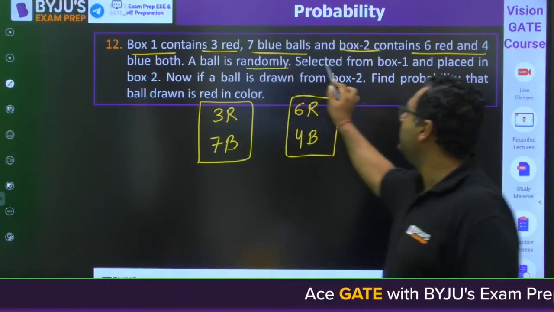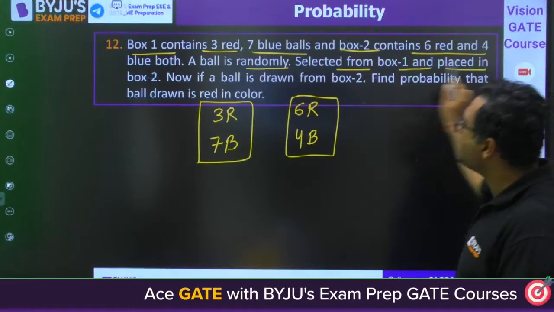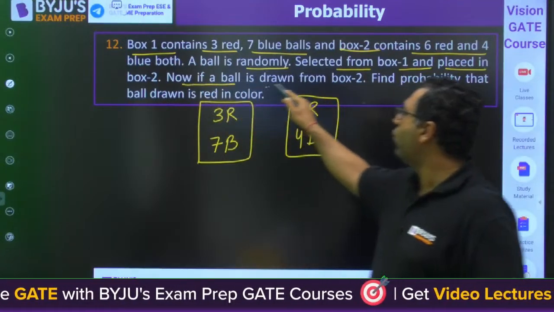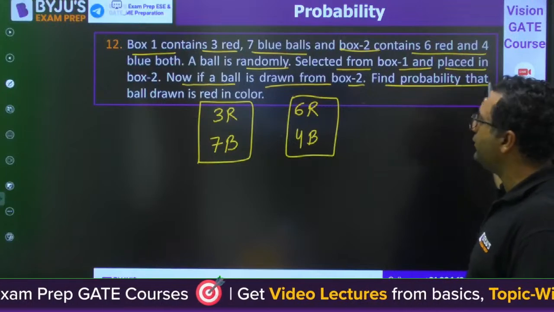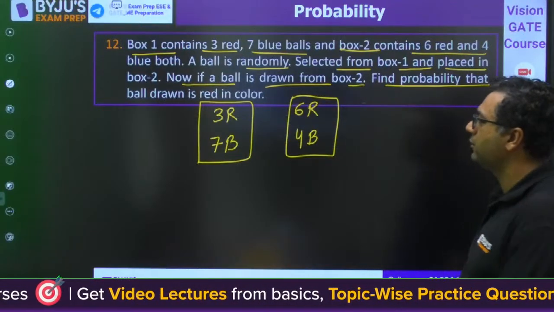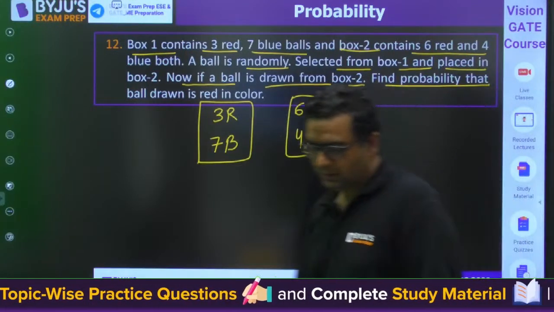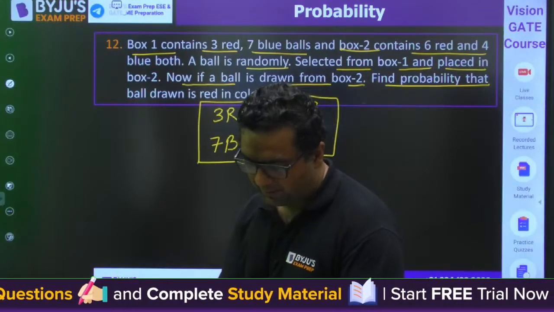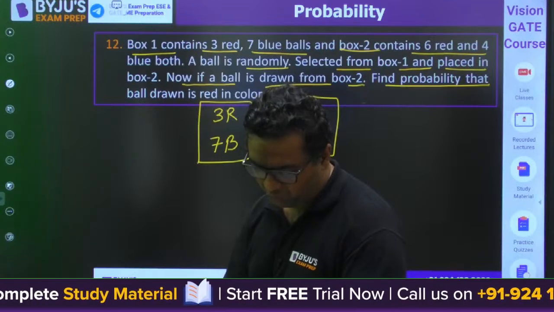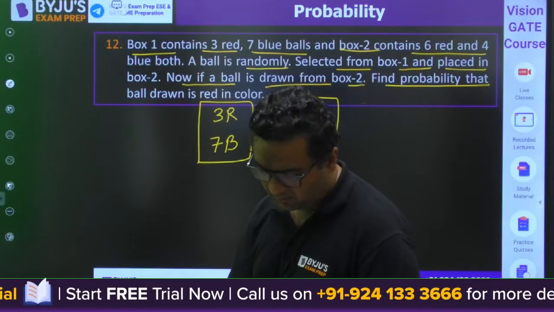A ball is randomly selected from box 1 and placed in box 2. Now if a ball is drawn from box 2, find the probability that the ball drawn is red in color. Solve it, guys. These questions are really wonderful. I have already solved them for you. So try to solve it.